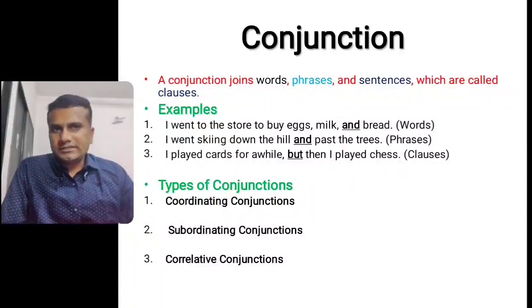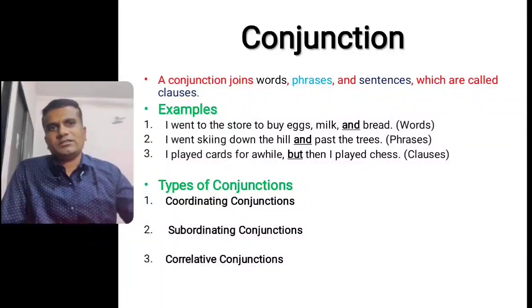Here two clauses are joined by the conjunction but. Now we will talk about types of conjunctions. There are three types of conjunctions. The first one is coordinating conjunctions. The second one, subordinating conjunctions. And finally, the third one is correlative conjunctions.